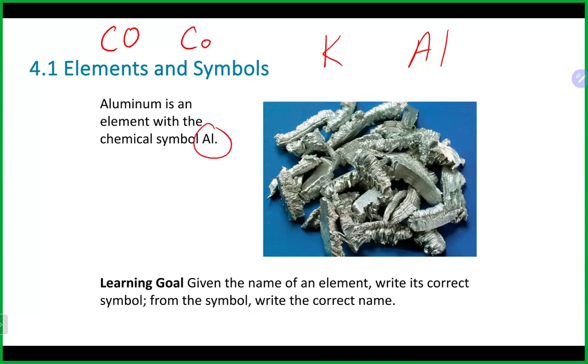So you want to make sure that you do not write capital letters for all symbols. Even if you write everything capitalized, don't do it here because you'll probably get an X just like that there. You don't want that. So you might be writing something you're not meaning to by just capitalizing. So it's really important, again, if it is a two-letter symbol, only capitalize the first one and lowercase the second letter. And if it's a one-letter symbol, you would just make sure you capitalize that.